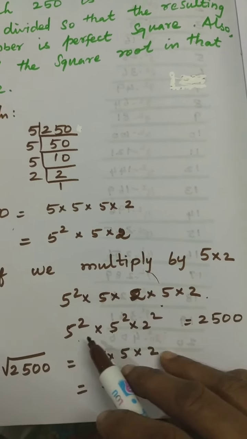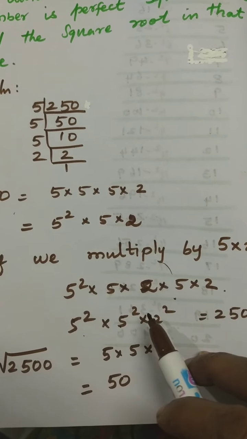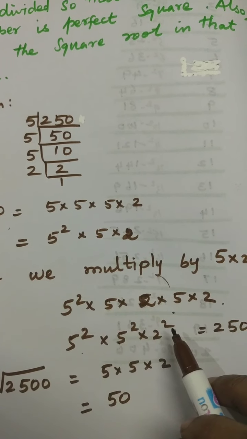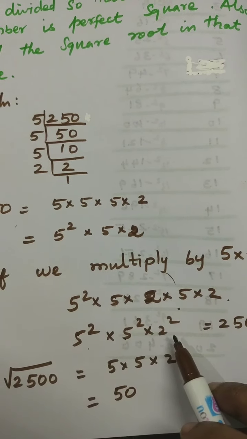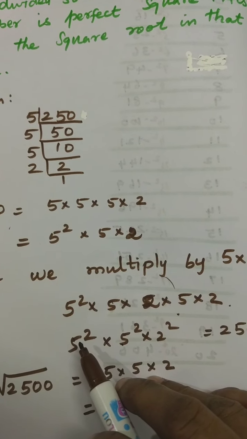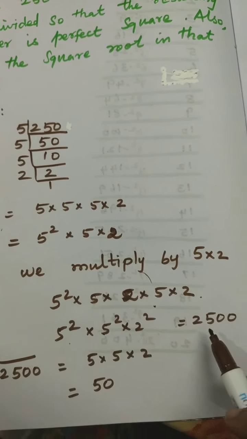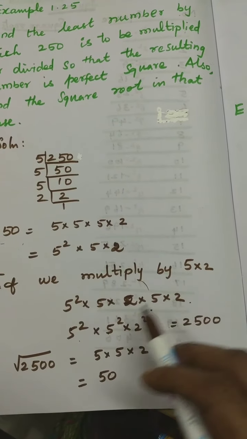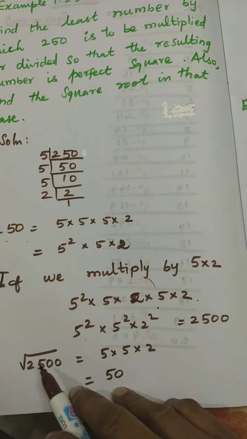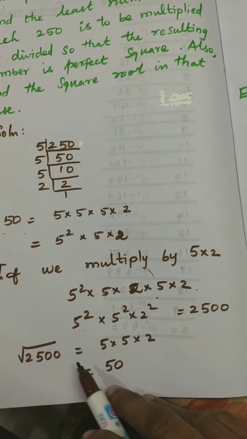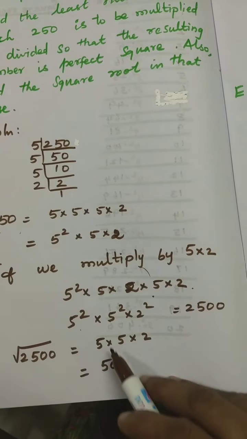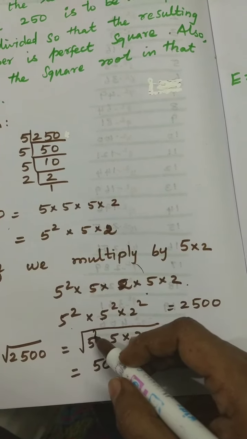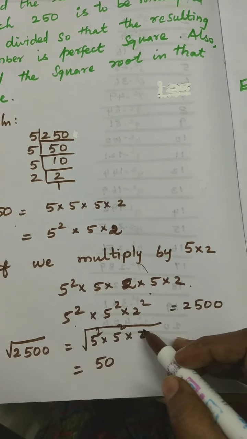Okay. Now we have to multiply and say what it is. 5 square 25, 2 square 4. 25 4s are 100. Then 5 square 25. 100 into 25, 2500. Now we have to see the square root of this. 2500 is equal to 5 square and 2 square.